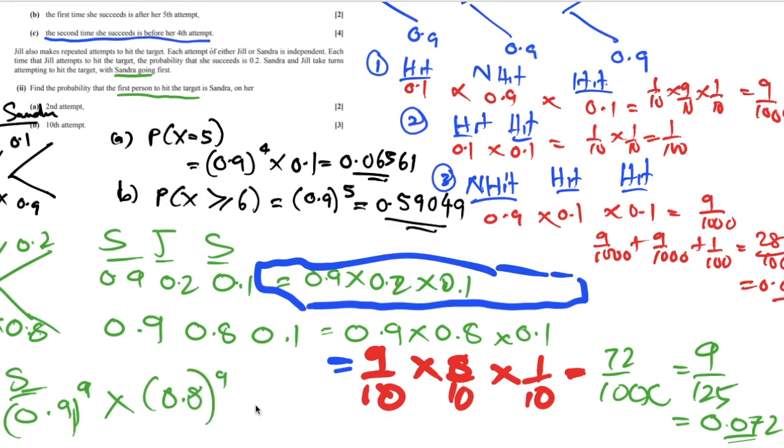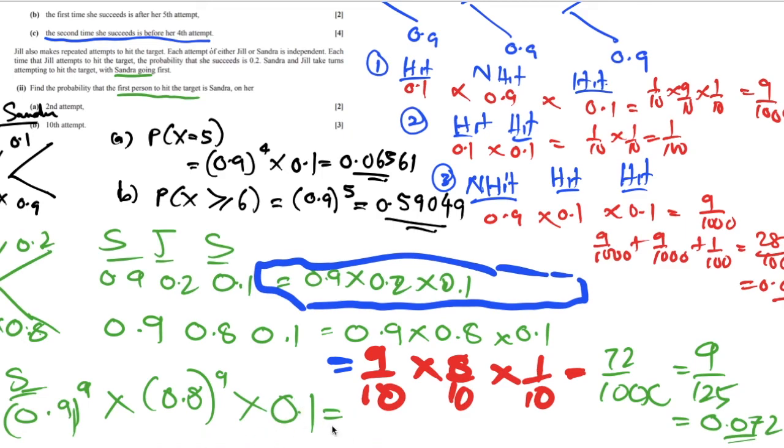And then Sandra: 9 times she failed, but she attempted the last time, the 10th time. So that should be 0.9 to the power of 9 multiplied by 0.1. So 9 times she failed, and then the 10th time she made it.